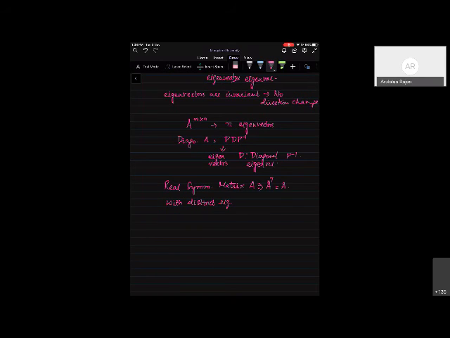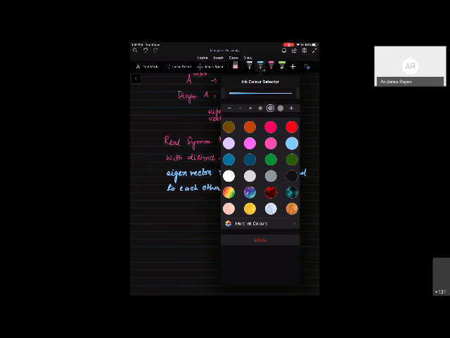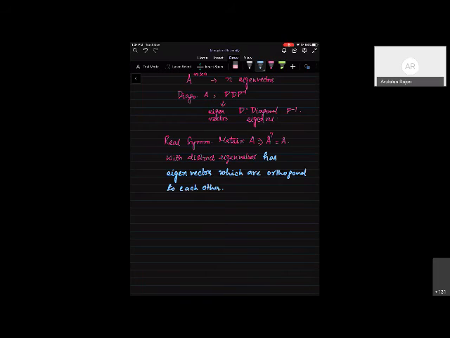The eigenvectors corresponding to distinct eigenvalues are orthogonal. This orthogonality is very, very important.